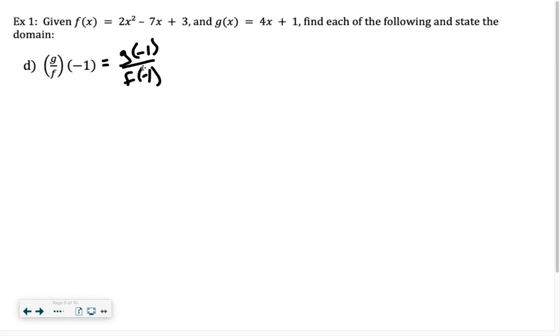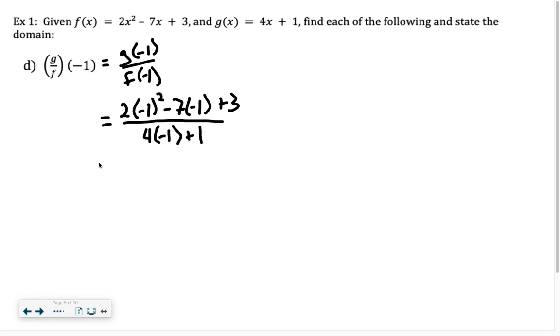All right, I'm just plugging -1 in for g and plugging -1 in for f. So that's going to look like 2 times -1 squared minus 7 times -1 plus 3 all over 4 times -1 plus 1.